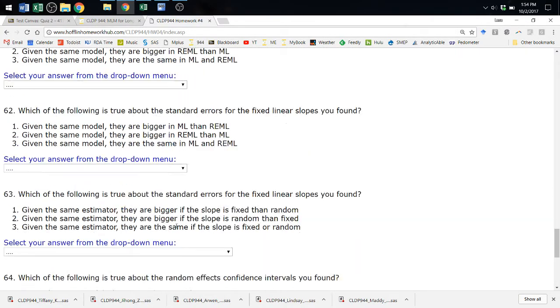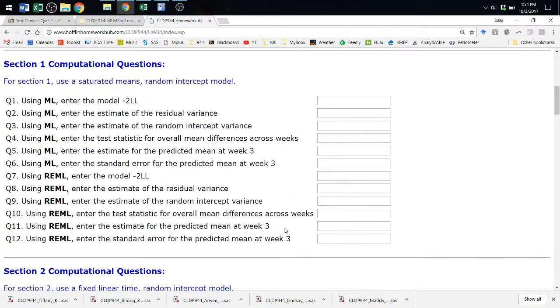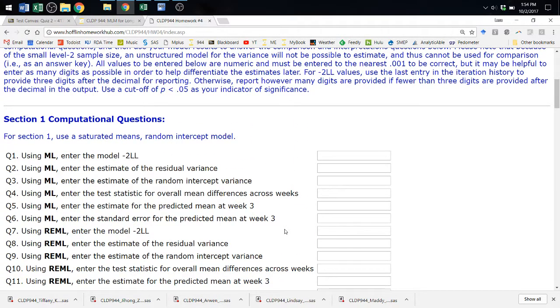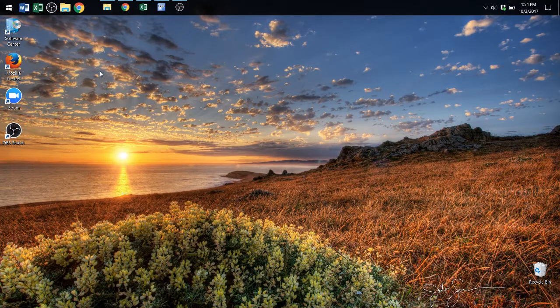And that's it. So it should not actually take that much time or be that difficult. It's just designed to get you used to looking at the output and knowing where to find things, because SAS output is not labeled in a very user-friendly way, for better or worse. All right. Any other questions before we switch gears and start something new?